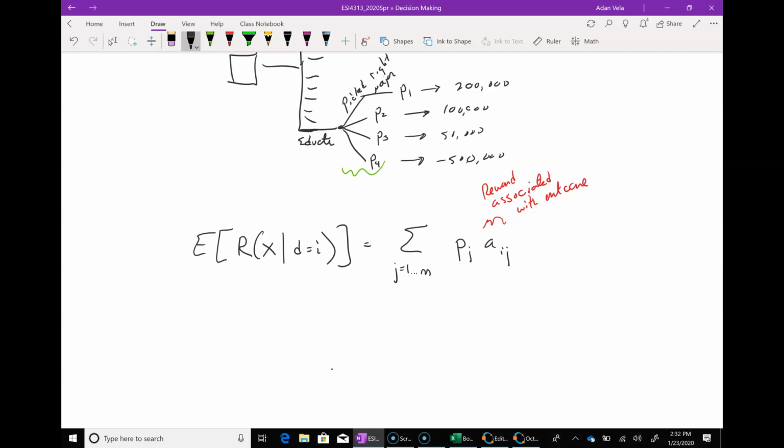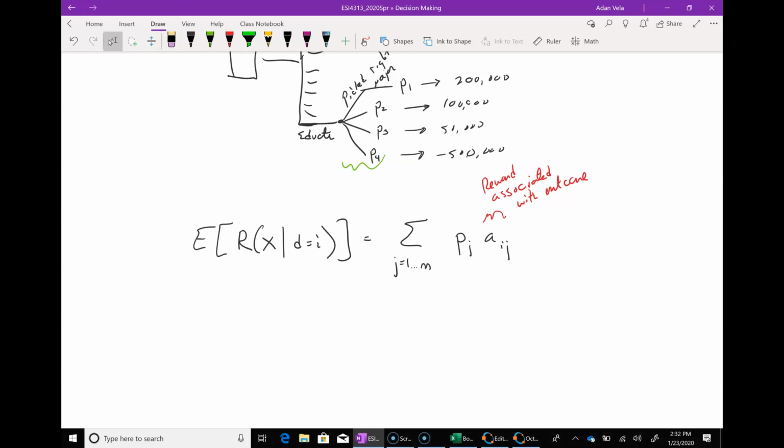Or you decide to become a doctor and then didn't want to practice. That actually leads to a good example, though, because we can talk about what happens with chained decisions. Again, just to be clear, these Aij are the 200,000, the 100,000, the 50,000, and the negative 500,000. You're just multiplying the probability times the amount and then summing it all up. And that's how we calculate our expectation.